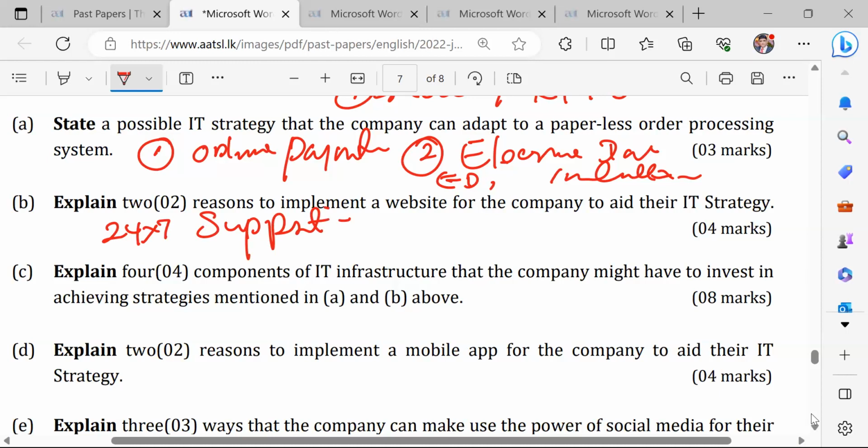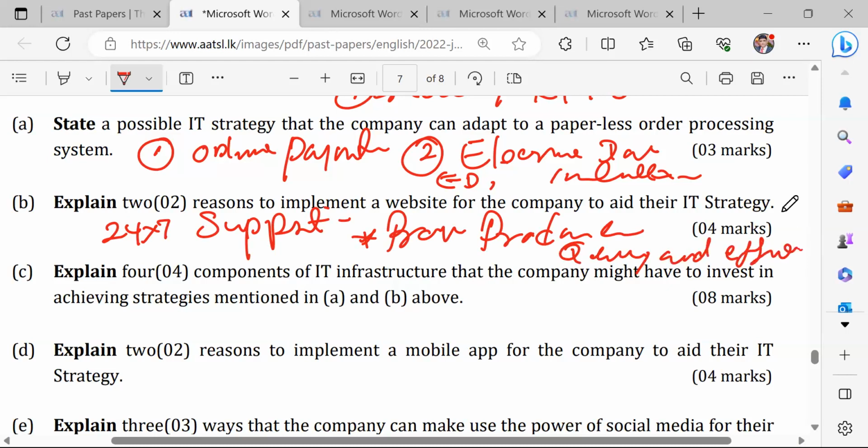Right? And next is to provide product information quickly and efficiently.